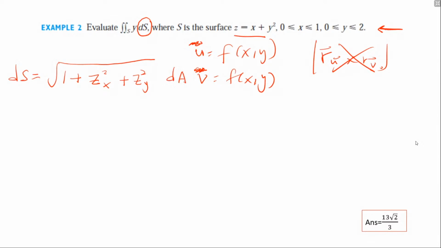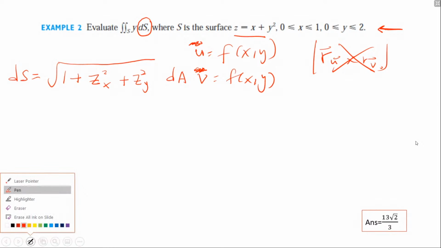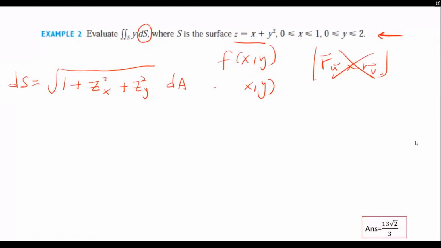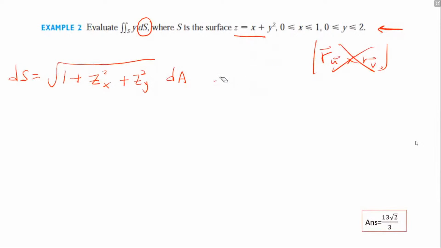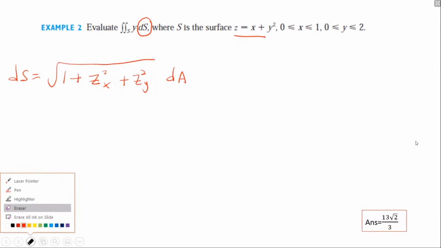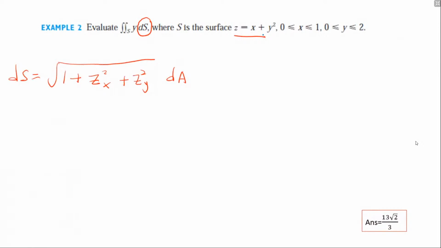Okay, this is for the dS. This is your area. So what you have here is z. Differentiate z with respect to x, you only have x, so it should be 1.